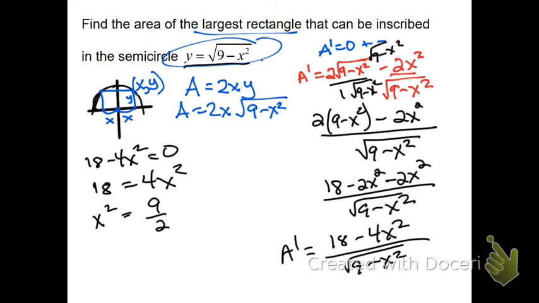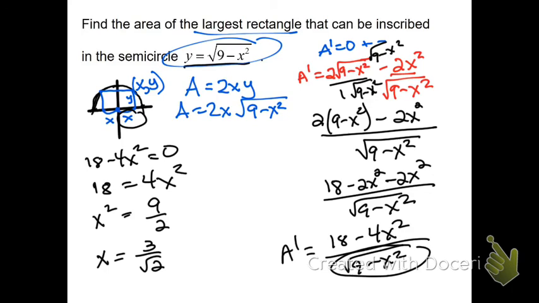Square root it, and x would equal plus or minus, but we'll just keep the positive one: the square root of 9 is 3, over the square root of 2. So that's my x going this way. By the way, if you set the denominator equal to 0, you get that x is 3. And hopefully you know that that is actually this point on the semicircle, so that's not possible.